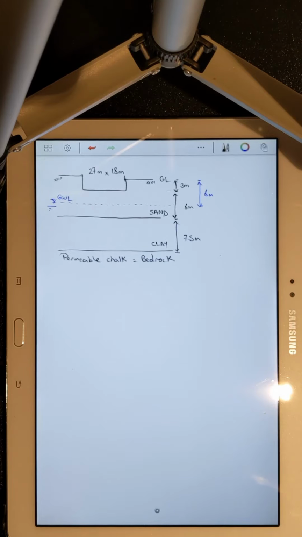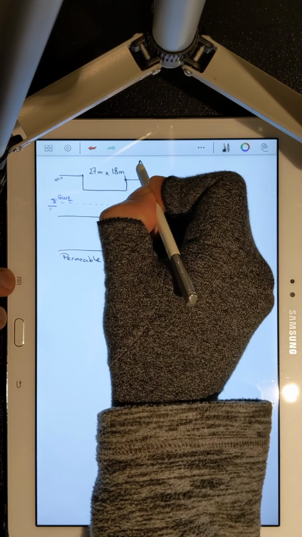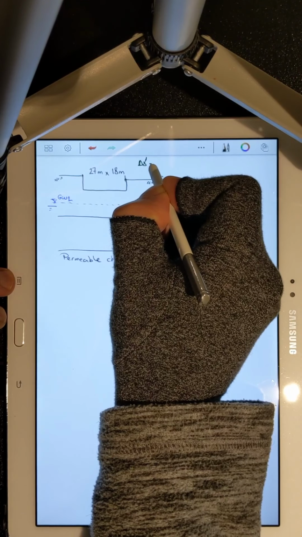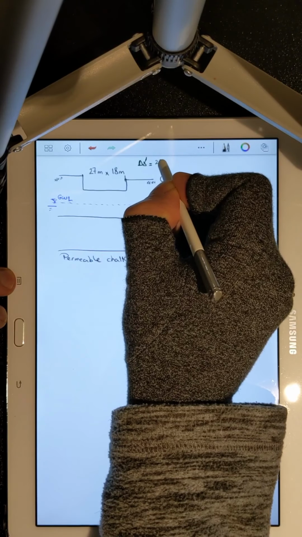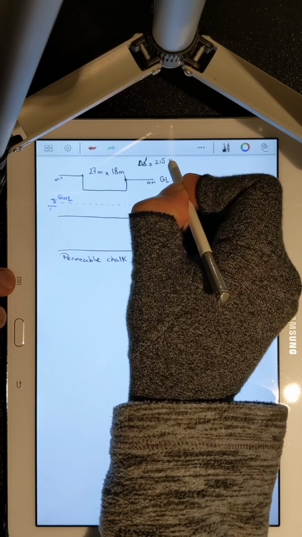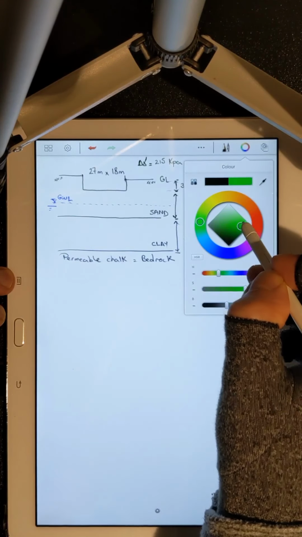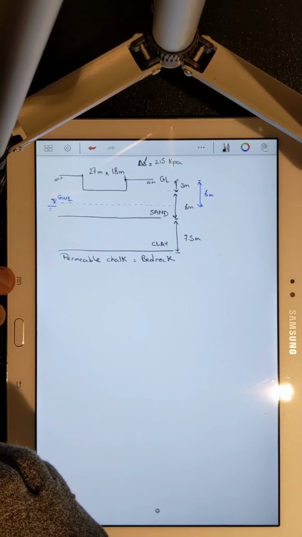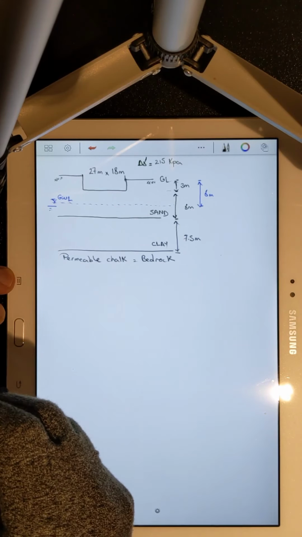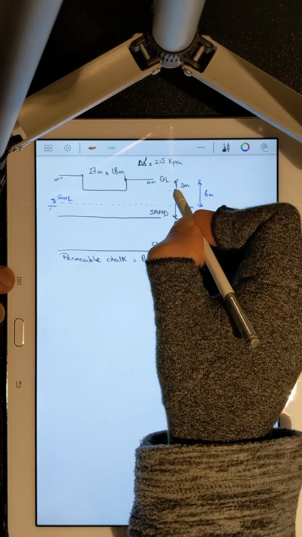We have the contact pressure, which comes from the superstructure, and that contact pressure is equal to 215 kPa, or kilonewton over meter square. Then I have the bulk density of sand above groundwater level and below groundwater level.